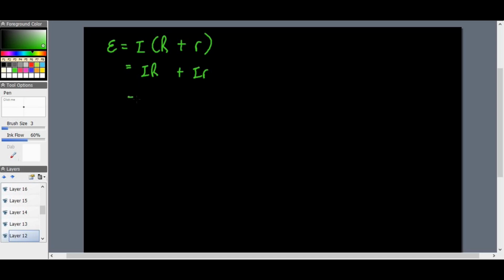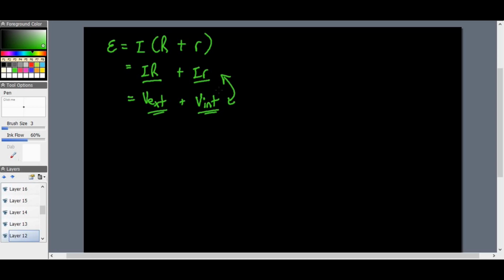I times R, because that is external resistance, is equal to external voltage, V ext. Current times the internal resistance must be the internal voltage. So these two things stand for these two things, even though they will have different values.